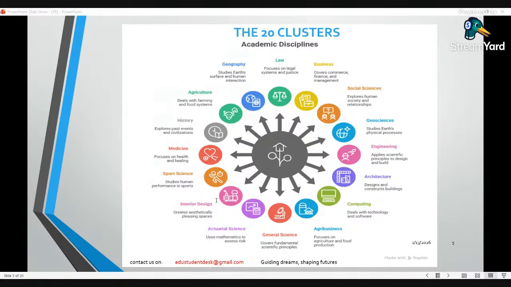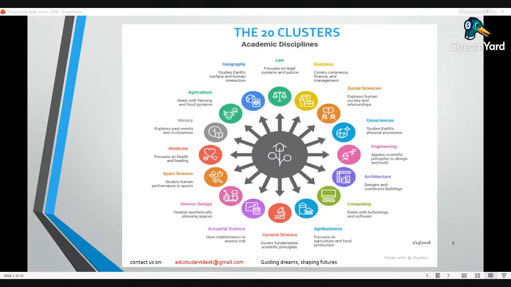Cluster 3, it's about social sciences, media, the people of journalism. Cluster 4, it's about basically mining and geology, meteorology. Cluster 5, it's about engineering, the people of mechatronics, electrical, they belong to cluster 5. Cluster 6 is architecture.